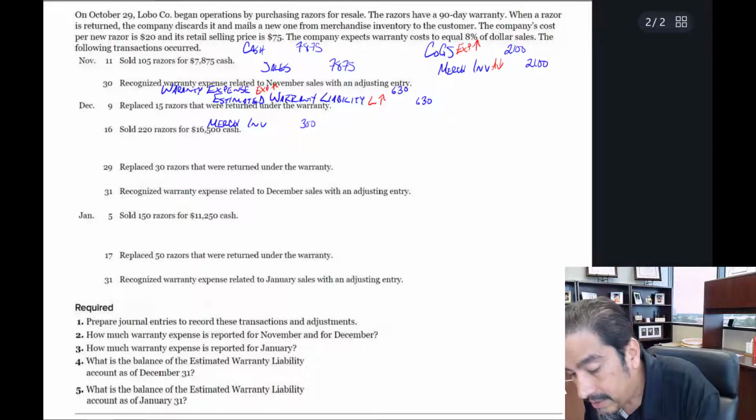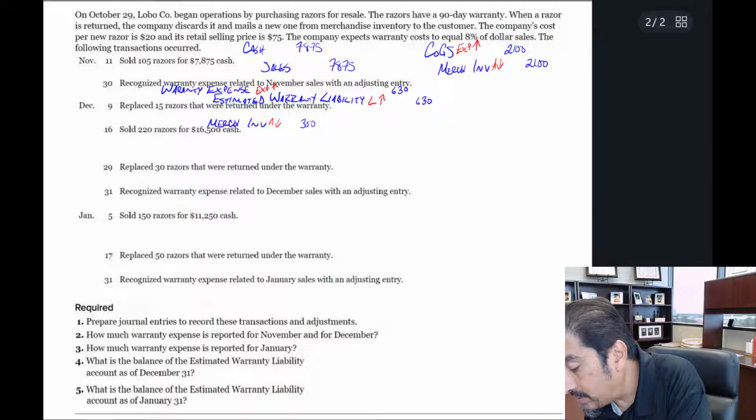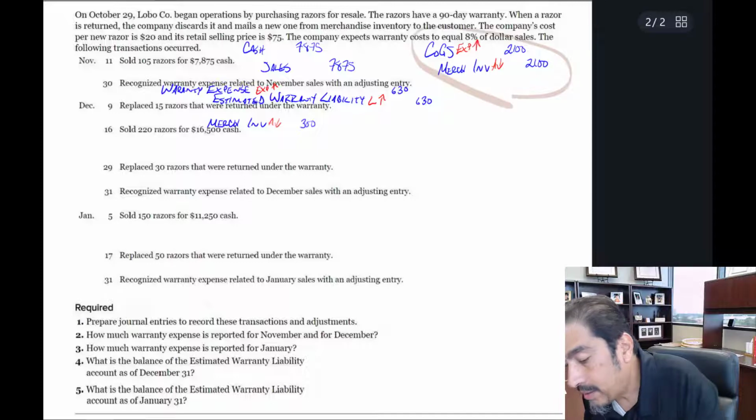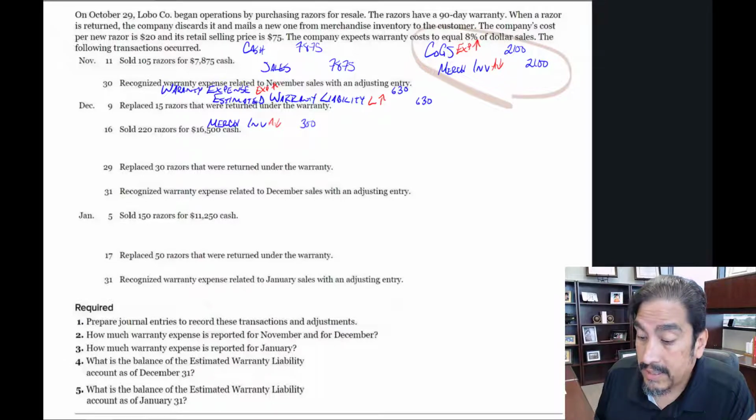That merchandise inventory is an asset account that we're decreasing. That's why it's a credit. And what we're used to seeing when we pull stuff out of our inventory account is a debit to an expense, and it's almost always the expense called cost of goods sold.